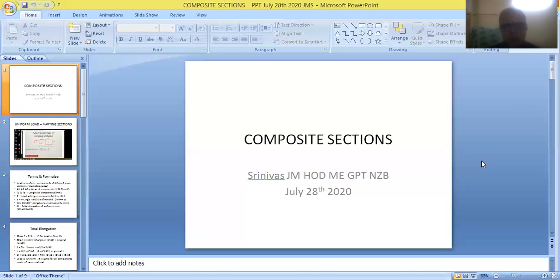In all the cases, you will be asked to measure the total elongation of the section.